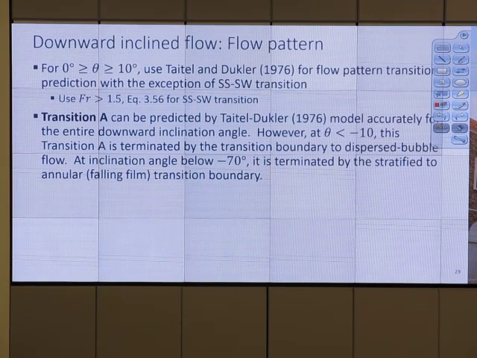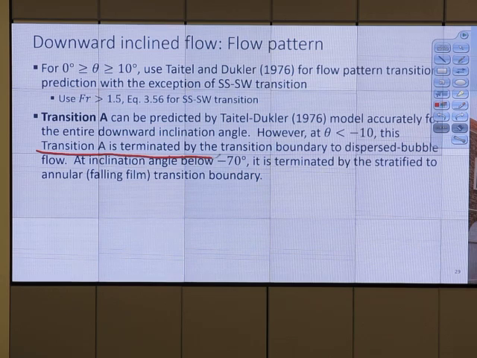Flow patterns for downward flow. For downward flow, transition A is fine. For theta less than -10, transition A is terminated by the transition boundary to bubble flow. Transition A is actually good already for downward flow, but it gets truncated by other transitions.